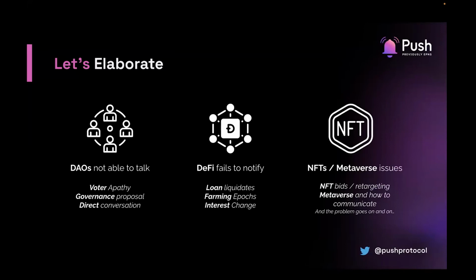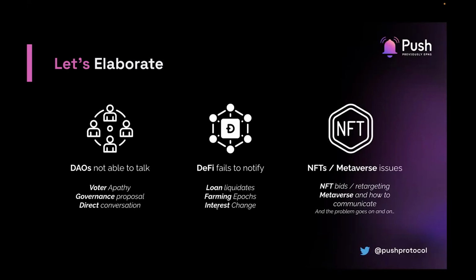There's a bunch of people, and only receiving notifications whenever there is a new governance proposal goes to enhance and increase DAO participation, reduce noise and increase signal. For DeFi, there are tons of applications as well.